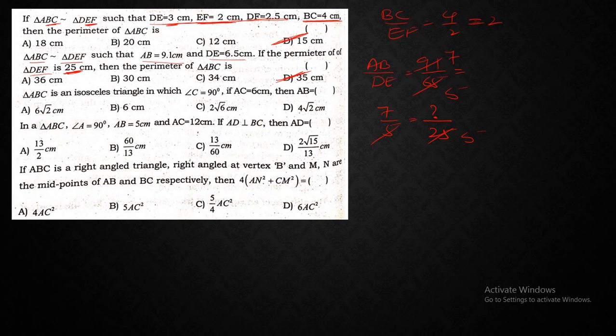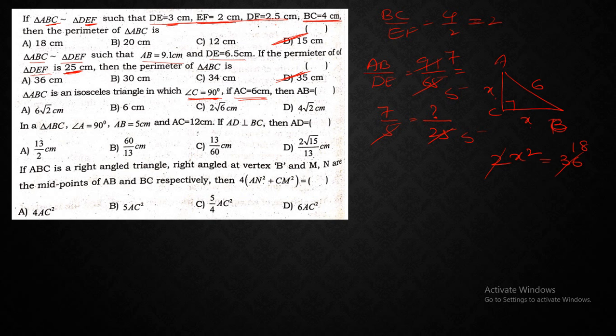Next, in triangle ABC, angle C is equal to 90 degrees, AC is equal to 6, then what is AB? If you observe this isosceles triangle, angle C is 90 degrees, so this is C. What he has given is AC is equal to 6. If this side is X, and this is B, then X square plus X square, that means 2 times X square, is equal to 36.